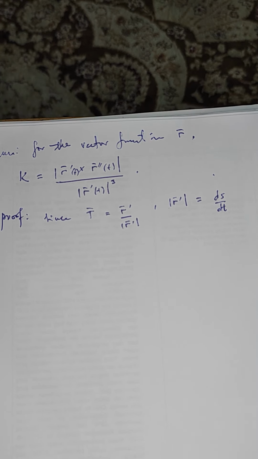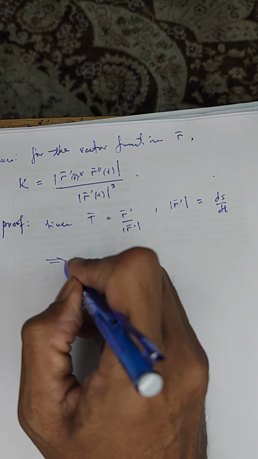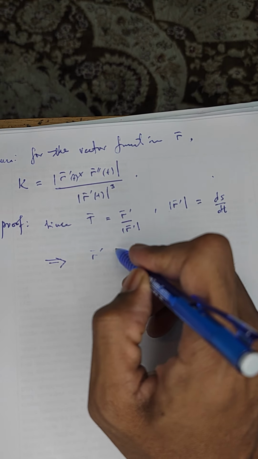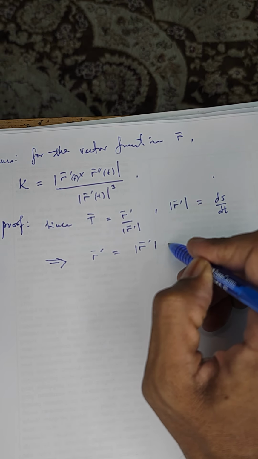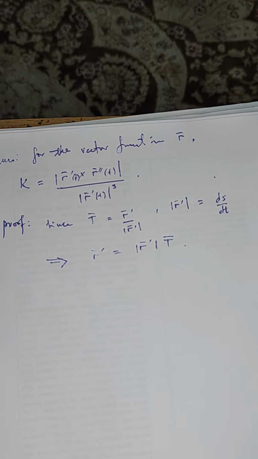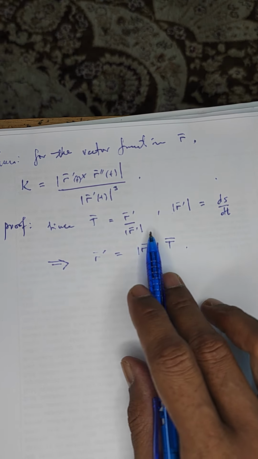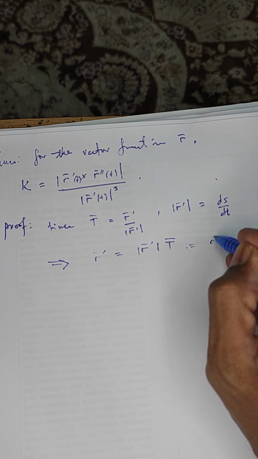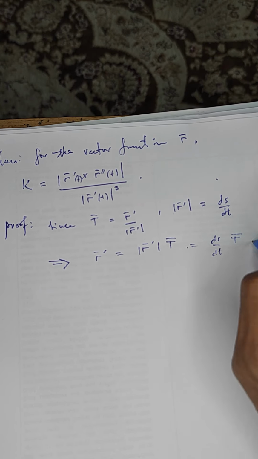Okay, so from this relation you can have r' equal to the magnitude of r' times T. And then the magnitude of r' is ds/dt, so that we have r' equal to ds/dt times T.